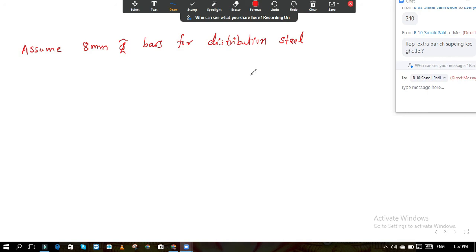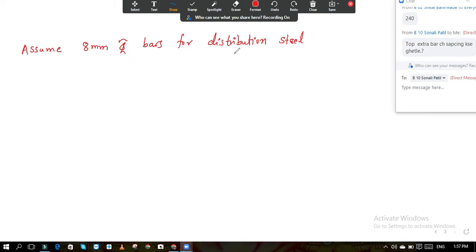Okay, because for every alternate main steel bar we need to provide the top extra bar in the staircase. So that is why whatever may be the spacing of your main steel bar, you have to double the spacing for top extra bars. In total staircase, your top extra bar should be half number of bars. Your top extra bars must be half of that of total main steel bars. Okay, so that is the thing behind this.